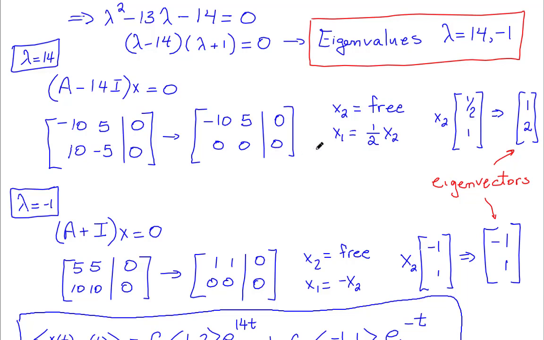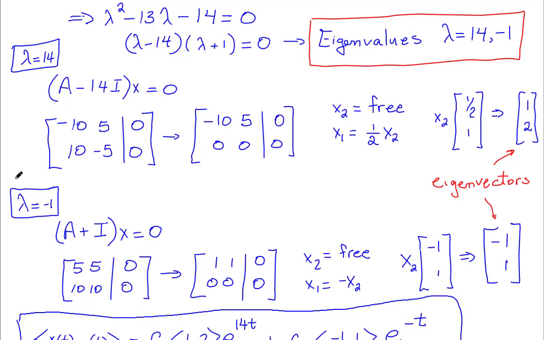And so what you see by that is x2 is free, x1 is 1/2 x2. So if you write that in the vector format, you get x2 times 1/2 and 1. But to make the calculations easier, you multiply through by 2, and so your eigenvector that goes with 14 looks like that.